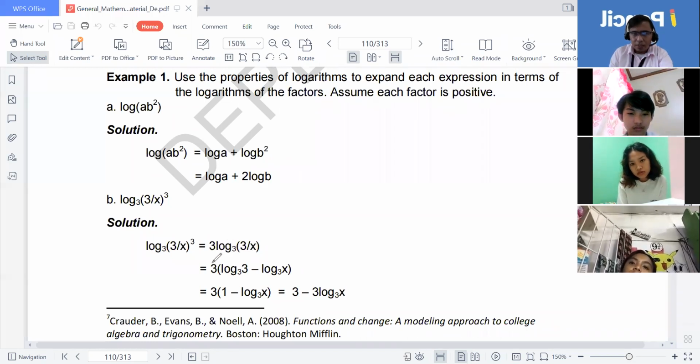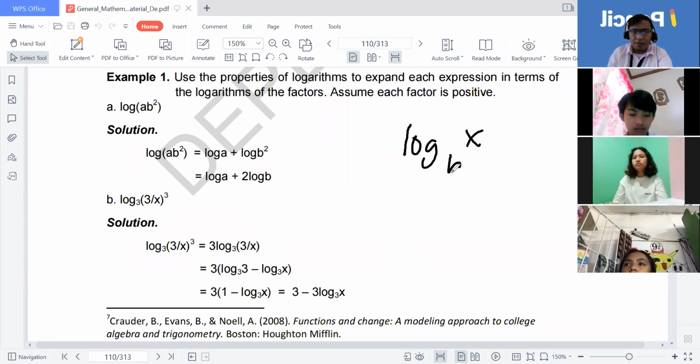It can be written as 3 times the quantity of log of 3 base 3 minus log of x base 3. But again, in the video that you watched, there is a theorem that states that if you have log of x base x, this is just equal to 1.